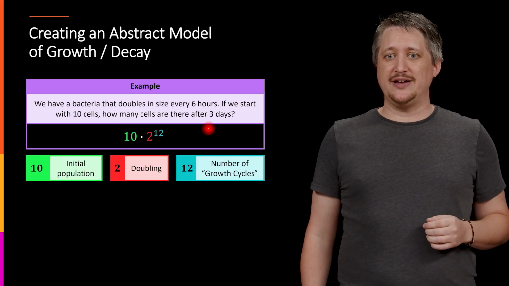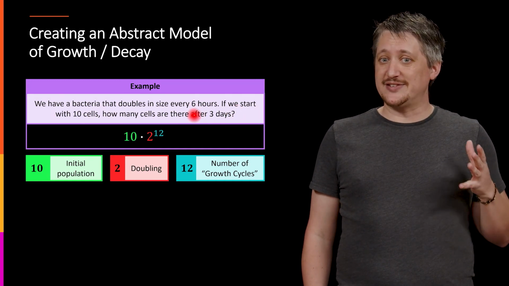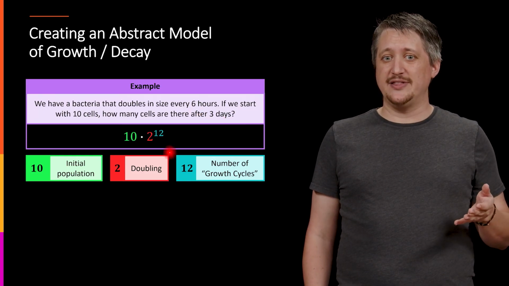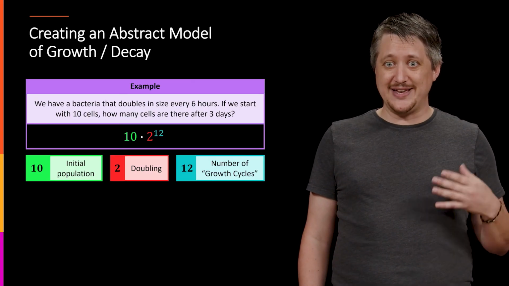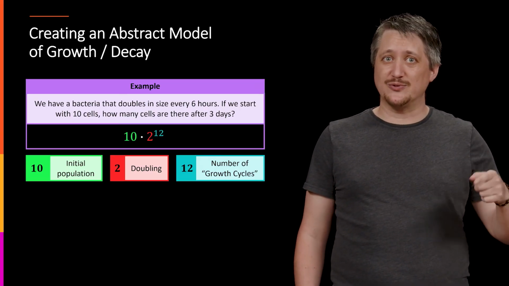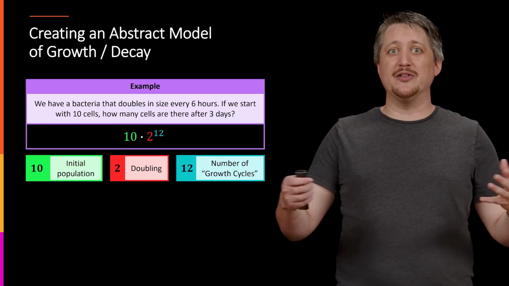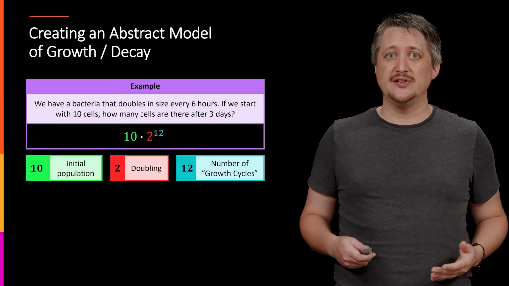We wanted to know after 3 days, and it grows in size every 6 hours. So every 6 hours for 3 days, that's 12 cycles. It has 4 cycles a day for 3 days. That's 12 cycles that it iterates through. So the 12 is not just a mysterious number that pops out of nowhere. It's a little less obvious where it comes from, but it's just the number of growth cycles.